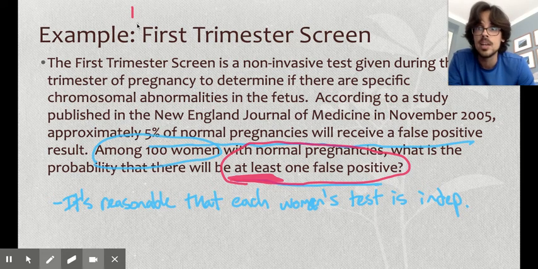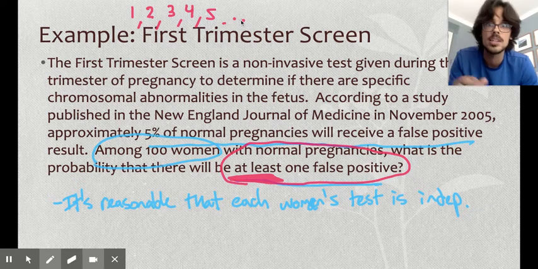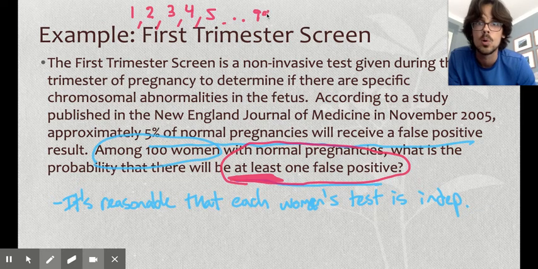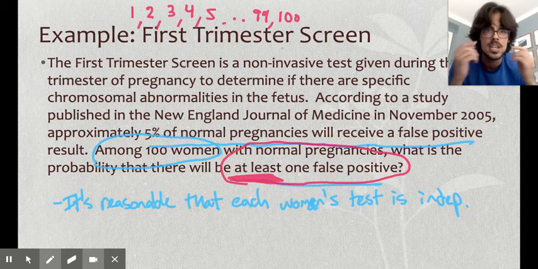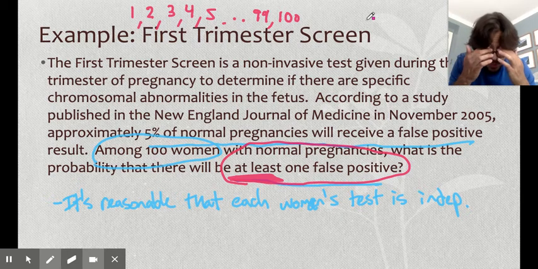Then I would need to find the probability that exactly 2 women out of 100 have a false positive. And then I'd have to find the probability for 3 and for 4 and for 5 and for 78 and for 79 and for 88 and for 89 and for 91 and for 95 and for 99 and for 100. I would have to calculate literally 100 different probabilities to answer that red question. At least one false positive could be all of those options.